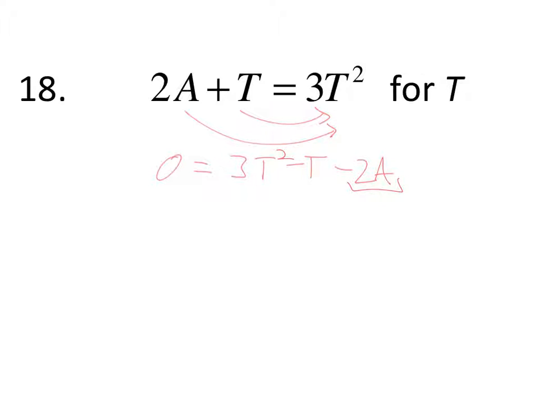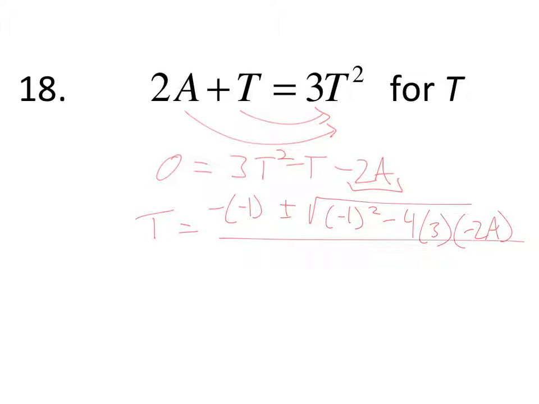Okay, so we need to use the quadratic formula. And instead of x equals, it's t equals, because notice the t is in the x spot. So t equals negative b, and b is this negative 1 that's right here, plus or minus the square root of b squared, well, b is the negative 1, minus 4 times a times c, all over 2a.